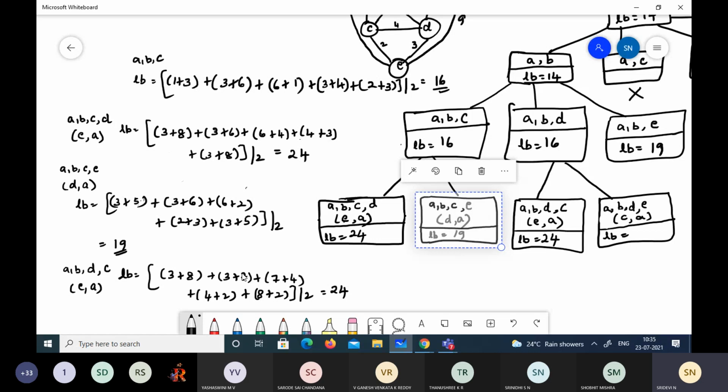If you look into the graph, A to C is 1.